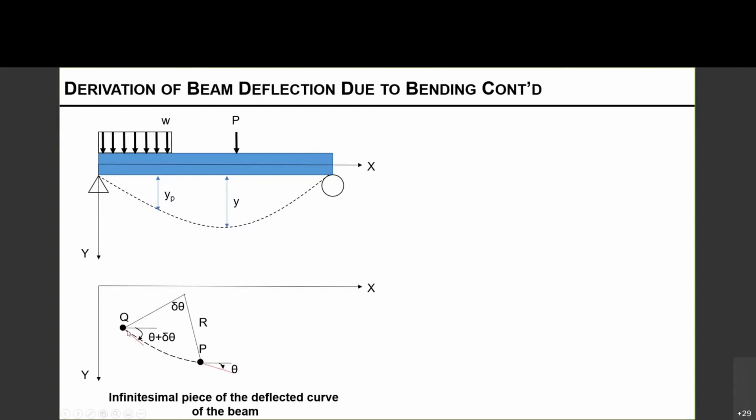At the same time, this angle over here, which is inscribed inside this triangle, is also delta theta. That is referring to a very, very small angle. And if you consider the positions P and Q, the difference is delta y in the y-axis and delta x in the x-axis.